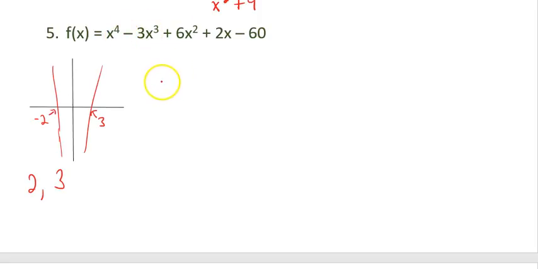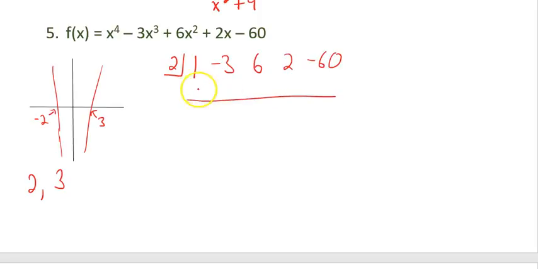Again, the way that we get those is by getting rid of this extra stuff by doing synthetic division. So I'm going to put one of the zeros in the box, and I'm going to do synthetic division. So I have 1, -3, 6, 2, and -60. I'm going to bring down the 1, multiply and get -2, add and get -5, or excuse me, that was a -2, sorry.